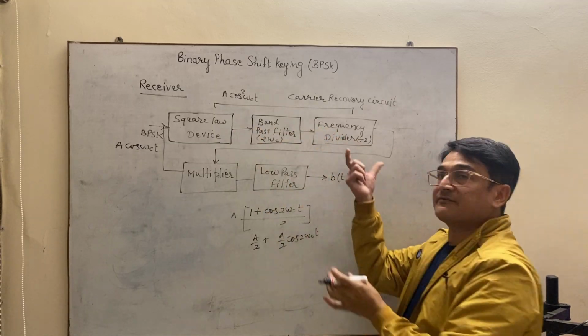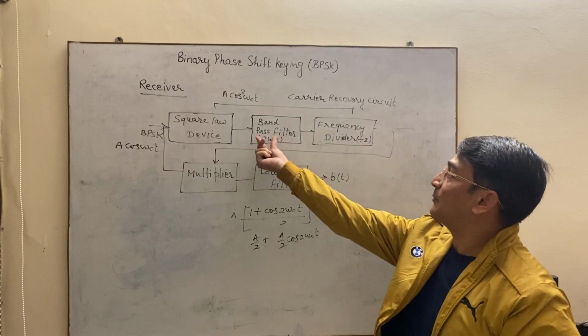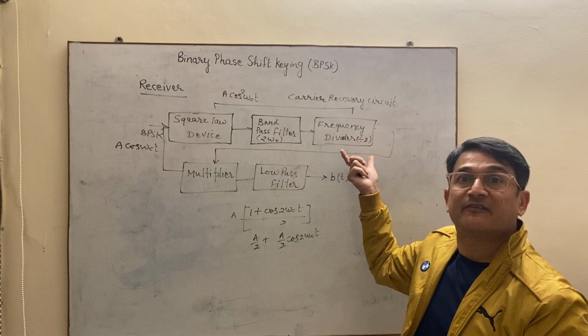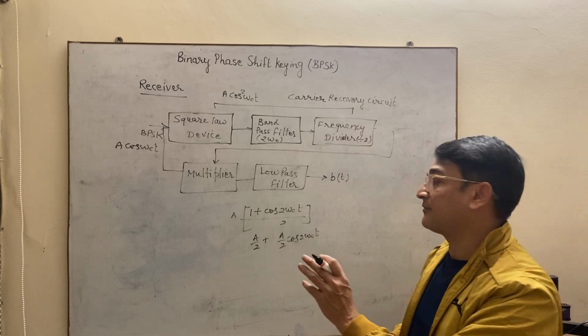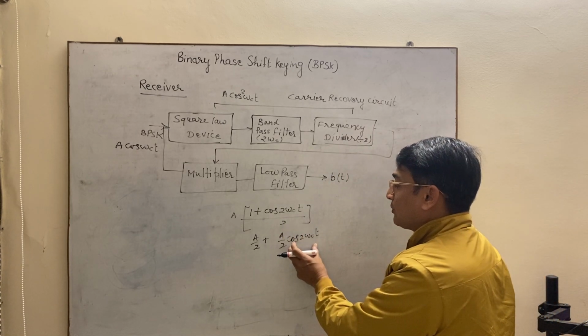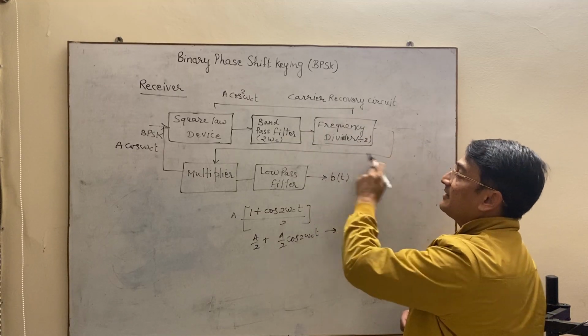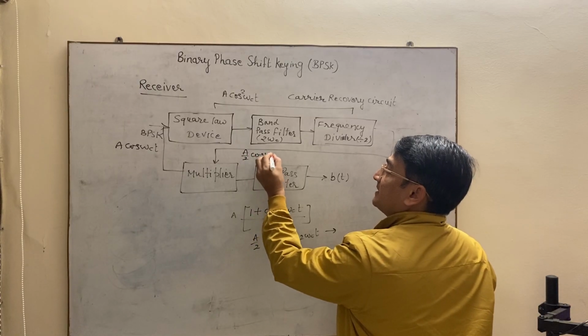This next block is a frequency divider which will divide the frequency by 2. Suppose you give a 200 Hz frequency, the output of the frequency divider will be 100 Hz. So basically it will divide the frequency in half. So A by 2 cos 2 omega ct will pass through this frequency divider and you will get A by 2 cos omega ct.